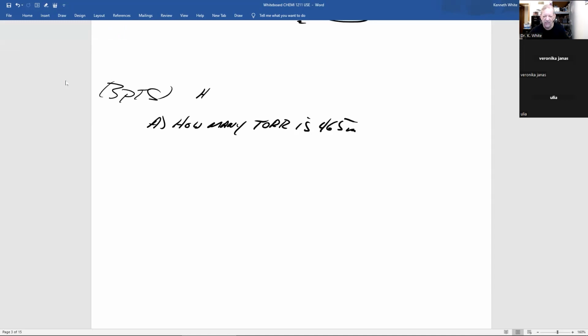I think it was the number I used. If not, we can still use it. So 3 points each. How many torr is 465 millimeters of mercury?